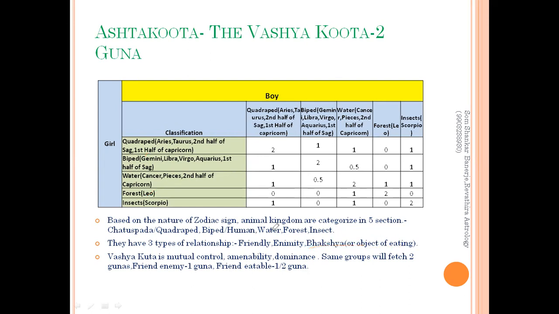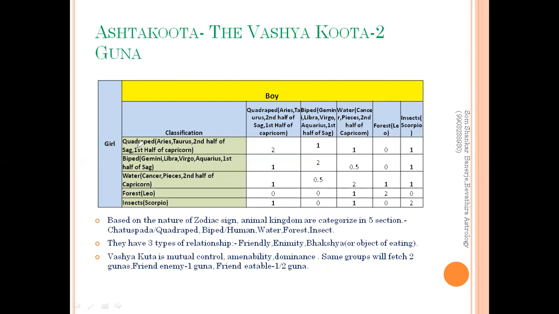So basically, if both are in the same group, like the girl is quadruped and the boy is also quadruped, you get 2. If it is friend and enemy, then it is 1. If it is friend and eatable, it is half a guna. And if it is shatru, it is 0.